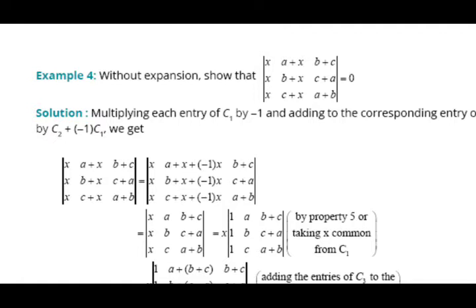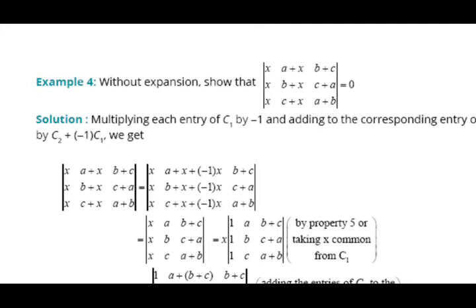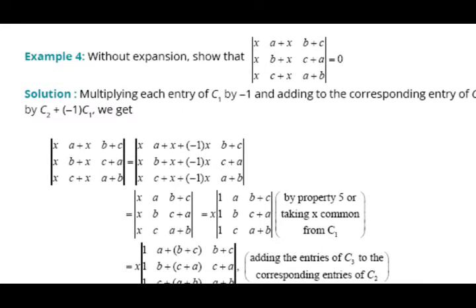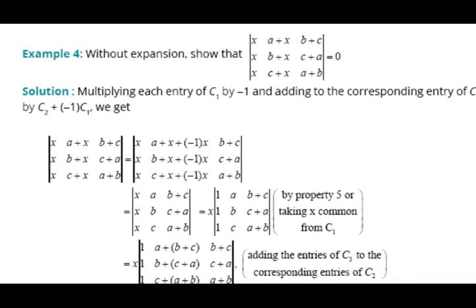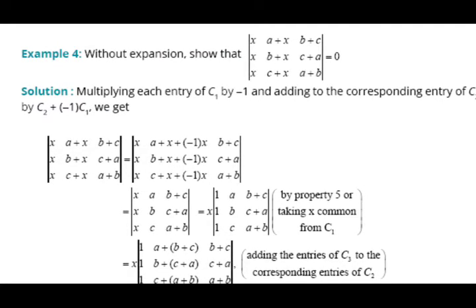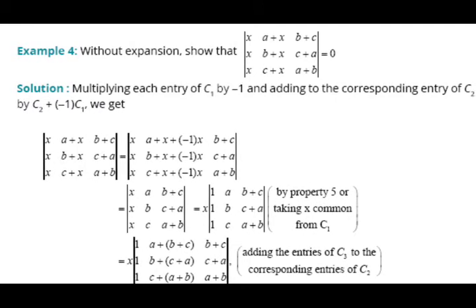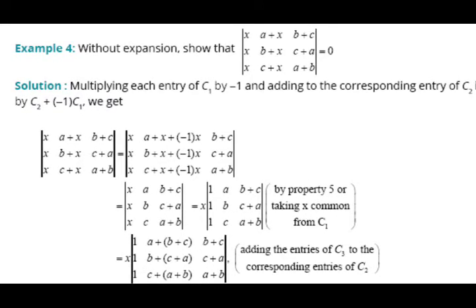Now we have a determinant, but we show it equal to 0 without expansion. Now in this determinant we multiply -1 with column 1 and then add in the second column.